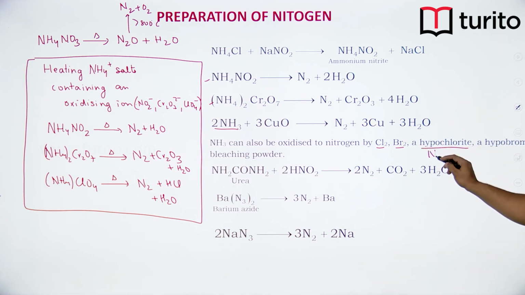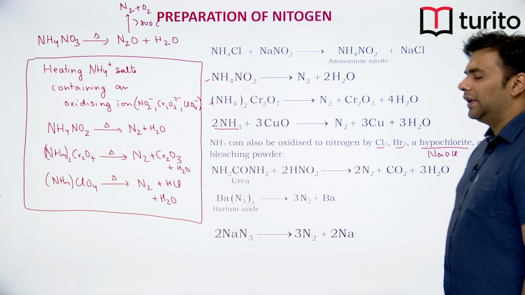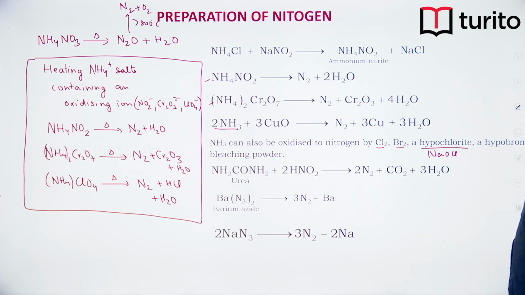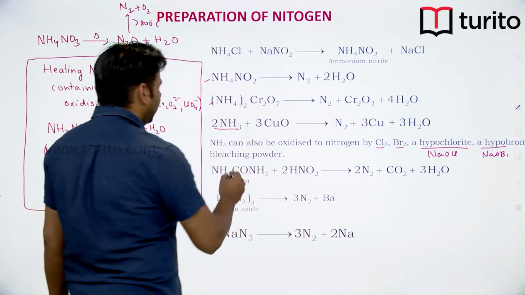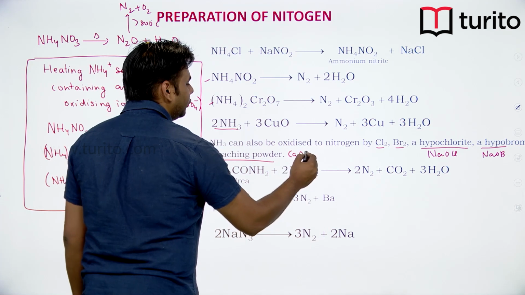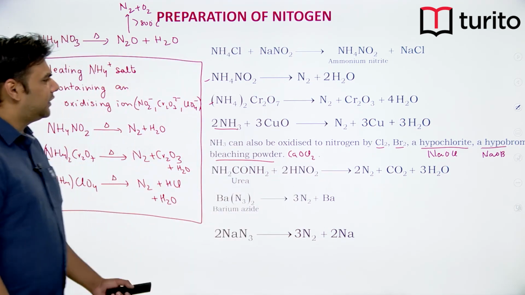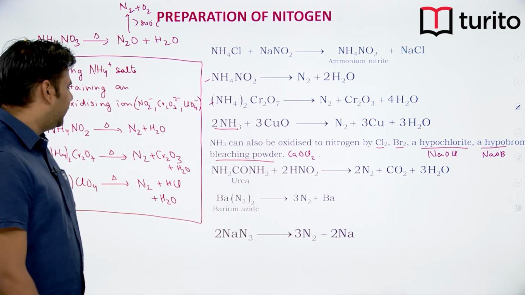If you react it with NaOCl, you will get N2 plus HCl plus water. Similarly, when you react with hypobromite, NaOBr, you get the same reaction, or with bleaching powder. These are very important reactions, and this is the fundamental that everyone does in the N2 chapter.